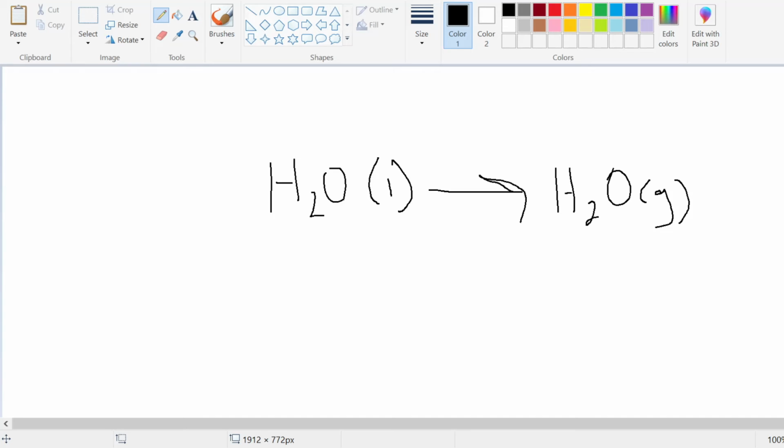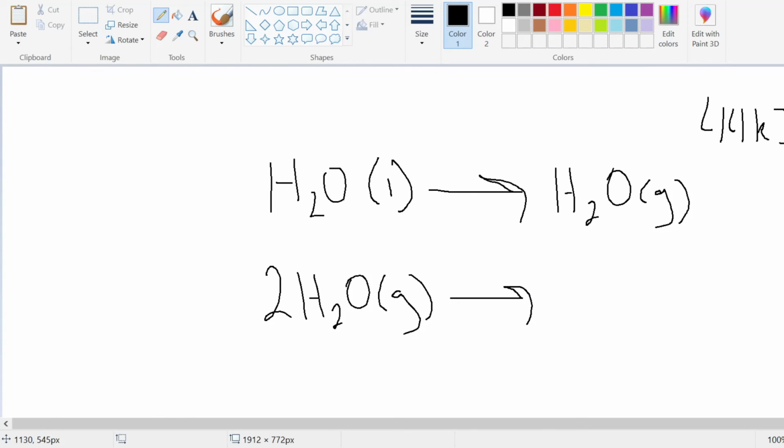Yeah, 44 kilojoules. And that is 44 kilojoules per mole, I guess it is. Alright, so now it has a series of other equations, and it wants me to predict the heat. So the first equation they give me is 2H2O gas into 2H2O liquid.